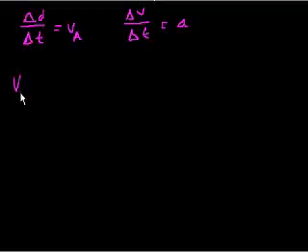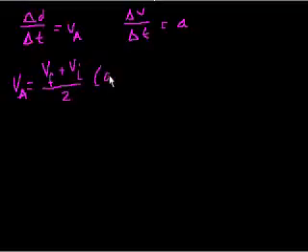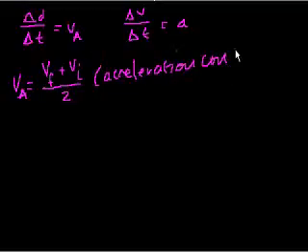We know the average velocity is equal to the final velocity plus the initial velocity over 2. And this assumes acceleration is constant.